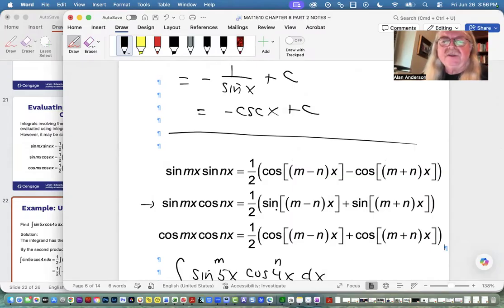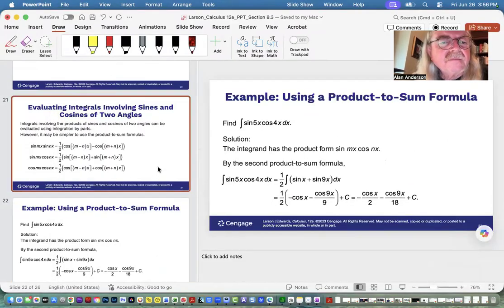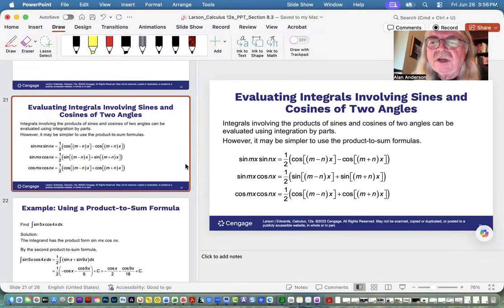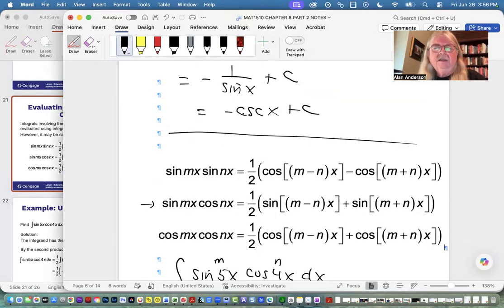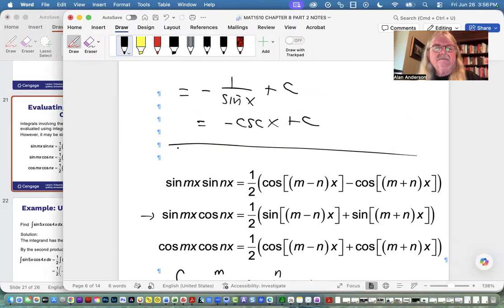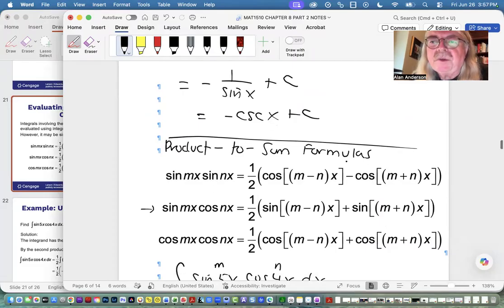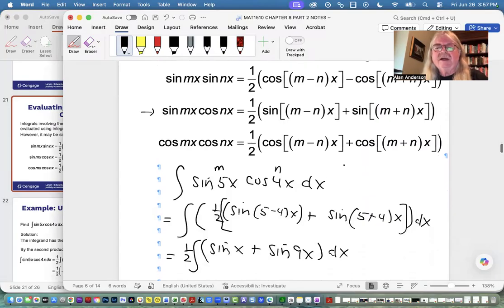I don't know if there's a name for these rules. Why, yes, there is. It's the product to sum formulas. All right, let's make a note of that. I'm sure there's plenty more, but those are the ones that I think that we might need.